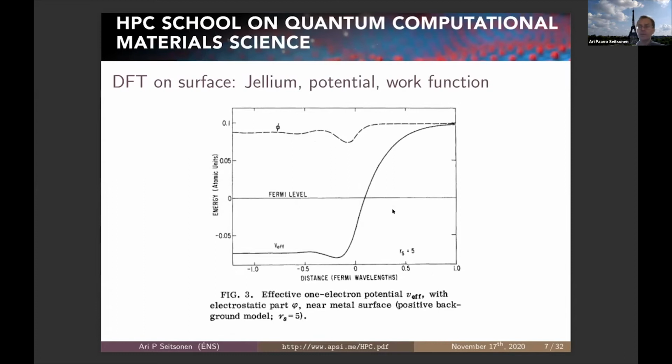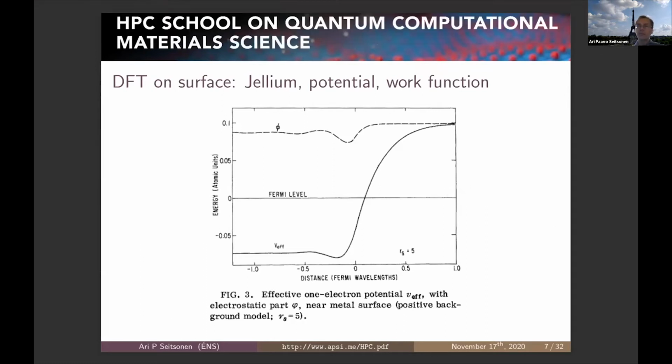Then one quantity which they could extract is the work function. Again, on the left-hand side there's the material, on the right-hand side we have the vacuum, and the effective potential converges to a value. If we take the difference between this potential far away, in principle infinite distance from the surface, and the Fermi level, we obtain a quantity called the work function, which is in principle a quantity that can be measured experimentally.